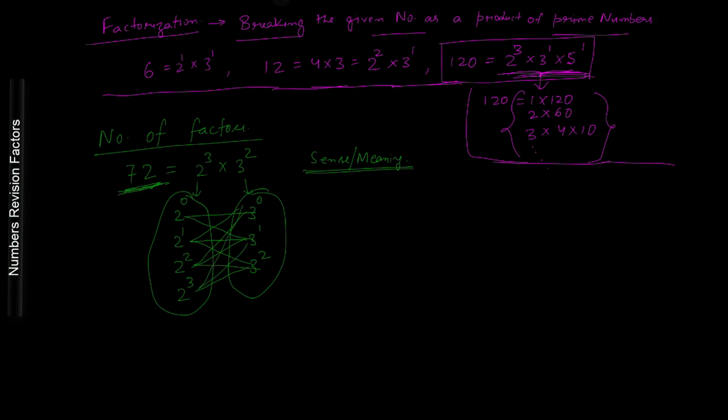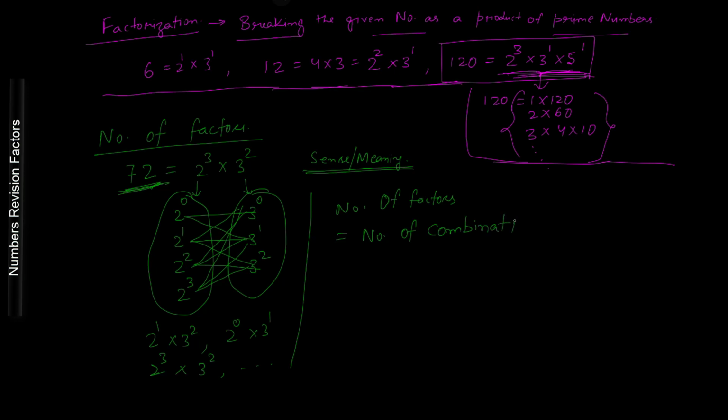So any combination. Now combination means randomly 2 raised to 1 into 3 square type, 2 raised to 0 into 3 raised to 1, 2 raised to 3 into 3 raised to 2 and so on. Now how many such combinations can be created? So I'll write it like this. Number of factors is nothing but the number of all combinations of all available powers taking one by one.